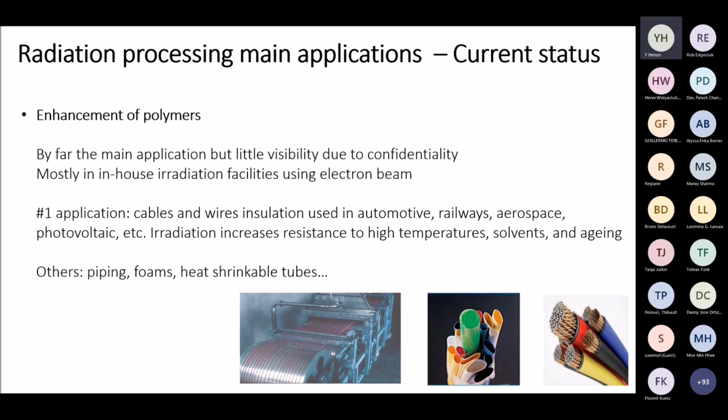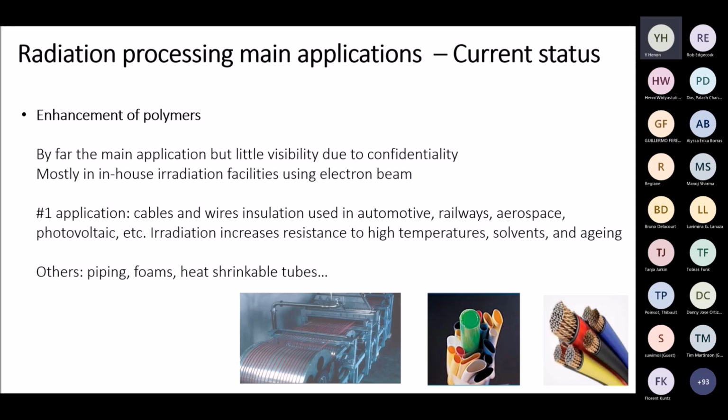Now, time will be up soon, so quick review of the main applications. The main application is not very visible. There is a lot of proprietary information, and it's really enhancement of polymers. The applications are numerous, and we don't know them all. It's not public information. Of course, we know that the main application is for cable and wires used in a number of different industries.